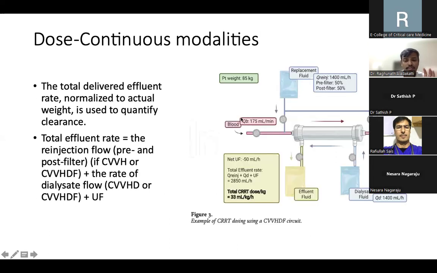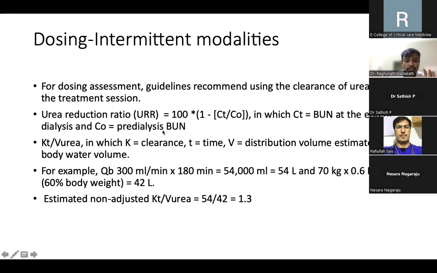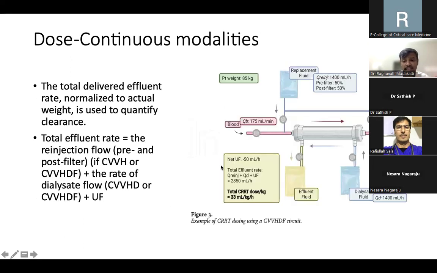This is how they identify the dose. For intermittent hemodialysis, they use either urea reduction ratio or Kt/V. For CRRT, the dose is based on the total effluent rate, the total delivered effluent rate normalized to actual weight. The total effluent rate is the re-injection flow rate, pre minus post filter, in CVVH or CVVHDF, plus the dialysis flow rate plus ultrafiltration.